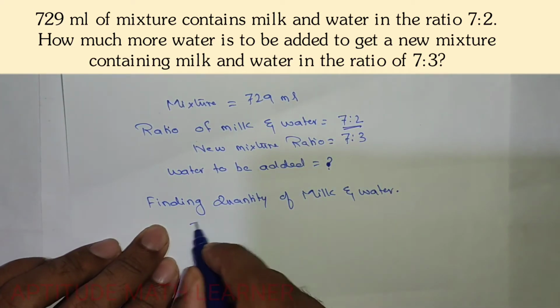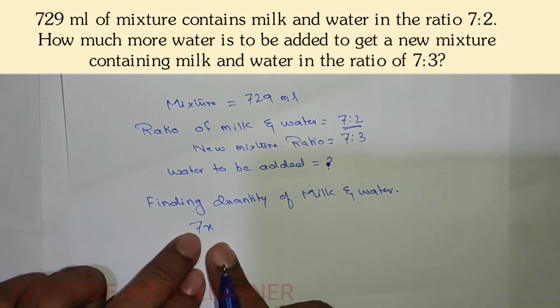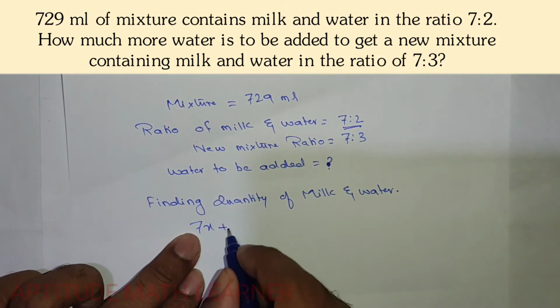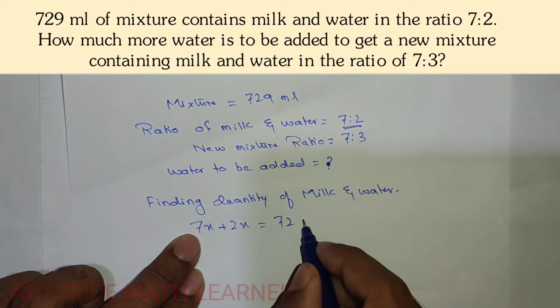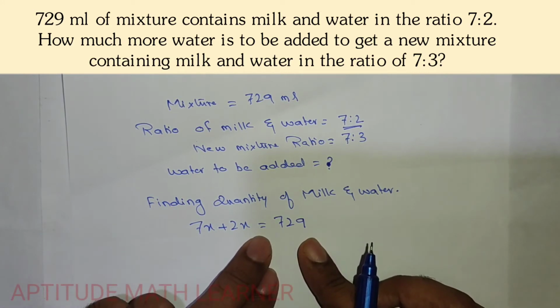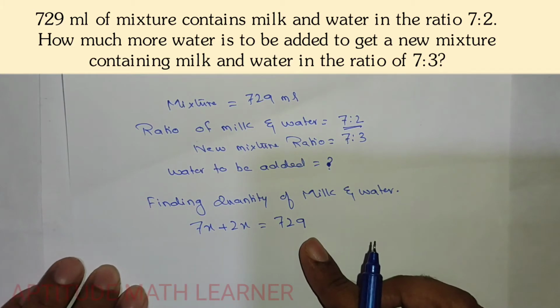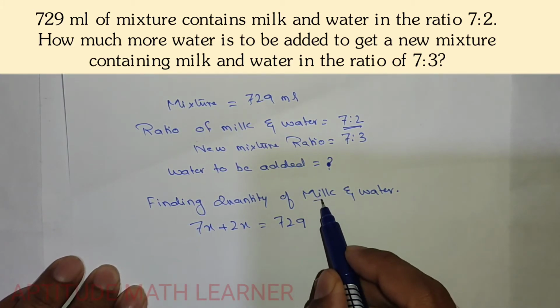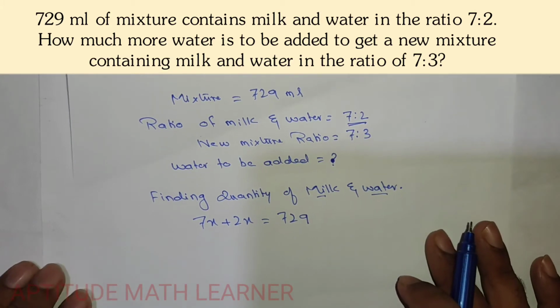So we take 7x as the quantity of milk and 2x as the quantity of water, so 7x plus 2x is equal to 729. 729 is the total ml of the mixture. First we have to find how much quantity of milk and how much quantity of water the mixture contains.